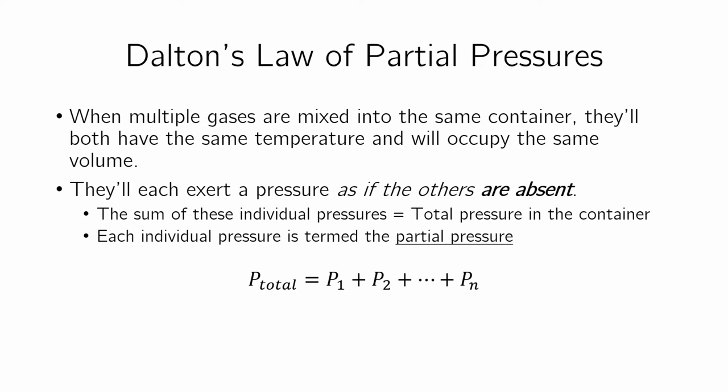If I'm mixing gases A, B, and C, to find the pressure of each one I'll just use P equals nRT for A, for B, and for C. I'll ignore the other gases and solve each one individually, and I'll find that each pressure is different. Each gas will exert its own pressure. They will all collectively have the same temperature and the same volume, but each will exert its own pressure.